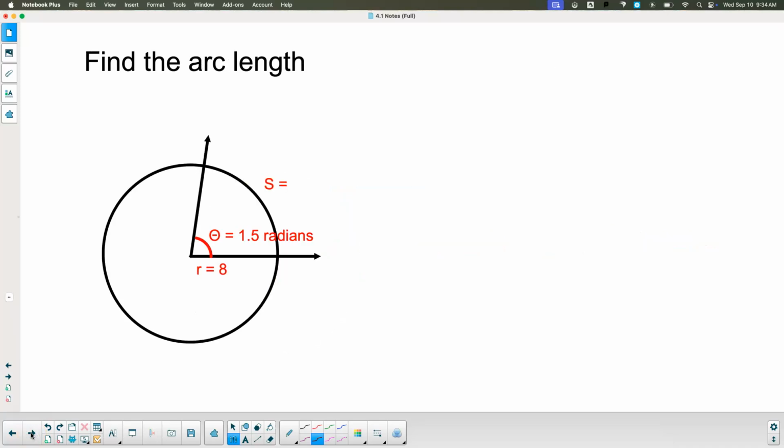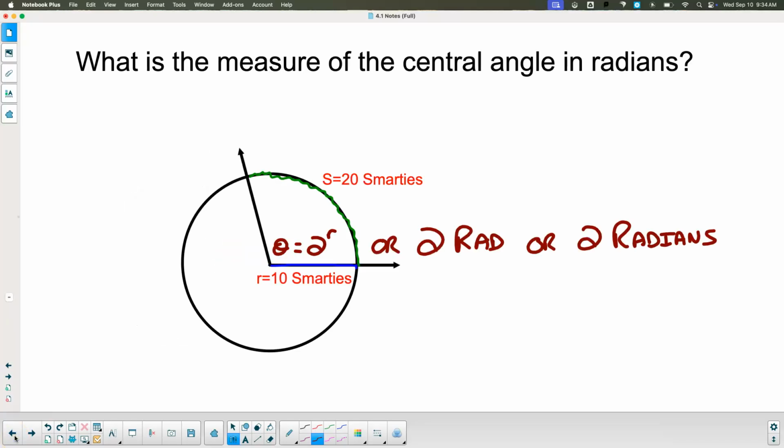So, if we're finding an arc length, let me go back to this one first. If the central angle gives me how many radians we went, then the central angle times the radius would give me that arc length.